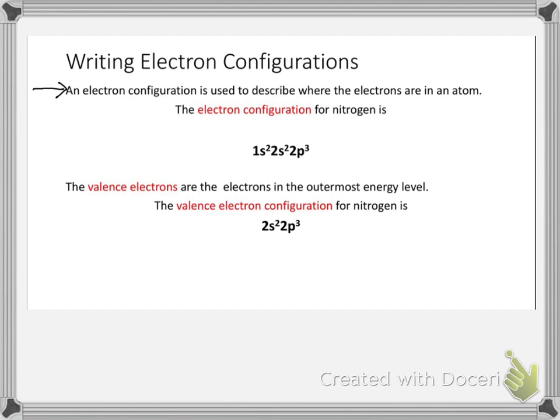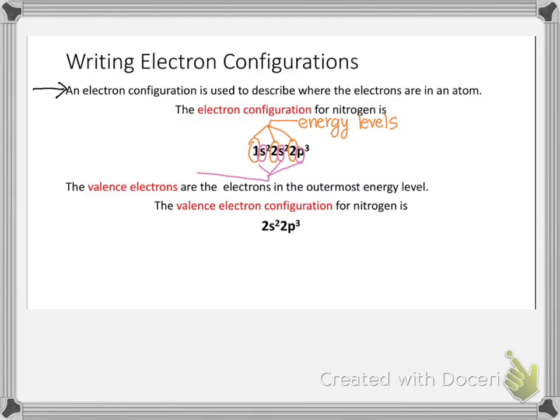So the first numbers here, the 1s and those big 2s, those are the energy levels. That tells us what energy level we're in. Then I have the letters. There's s, s, and p in this particular one.